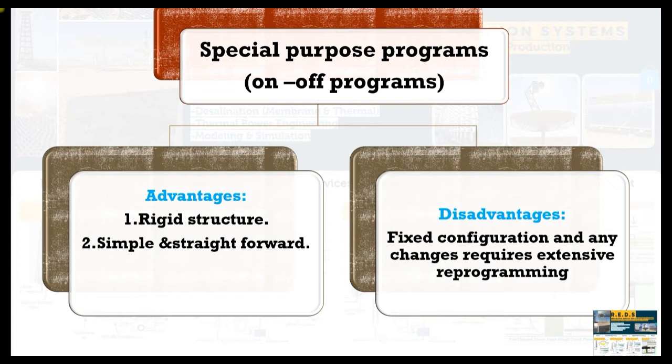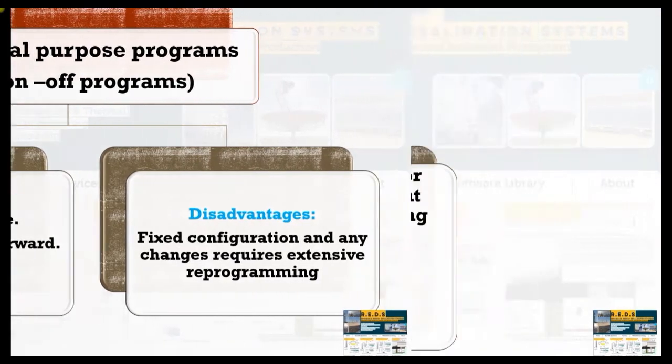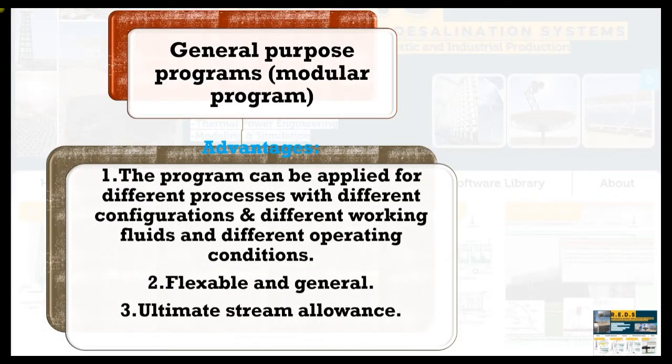It's a fixed configuration, and changes require extensive reprogramming. If you are going to build your model based on M files or text files, you have to rebuild your program in order to make some editing to your program.